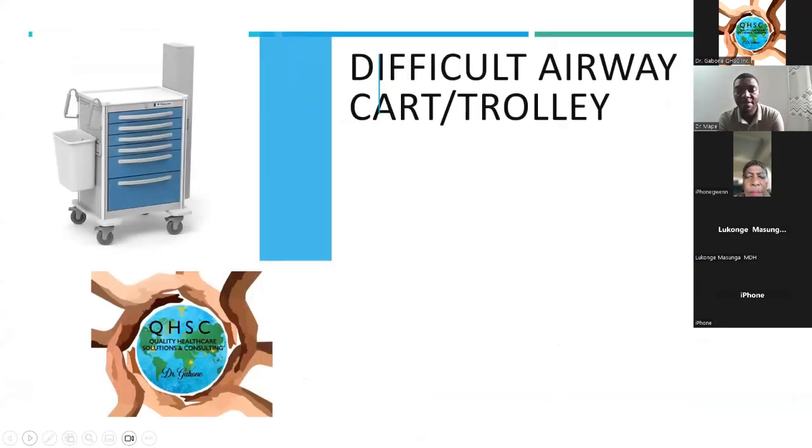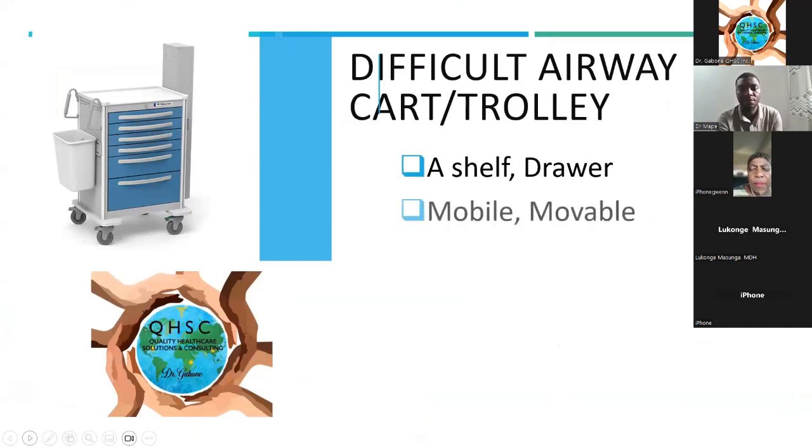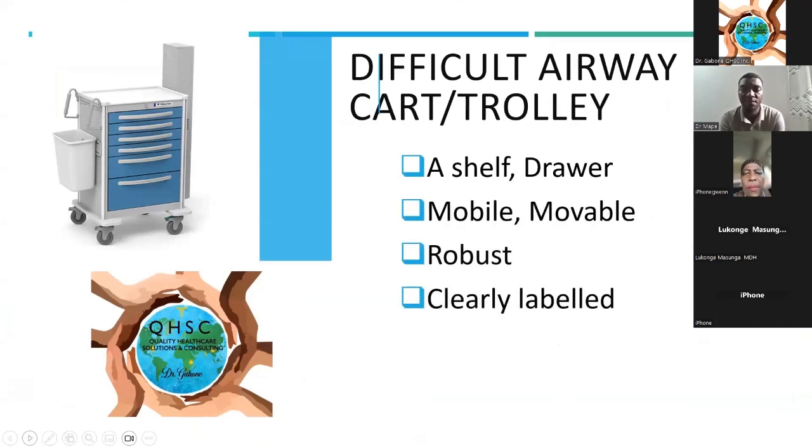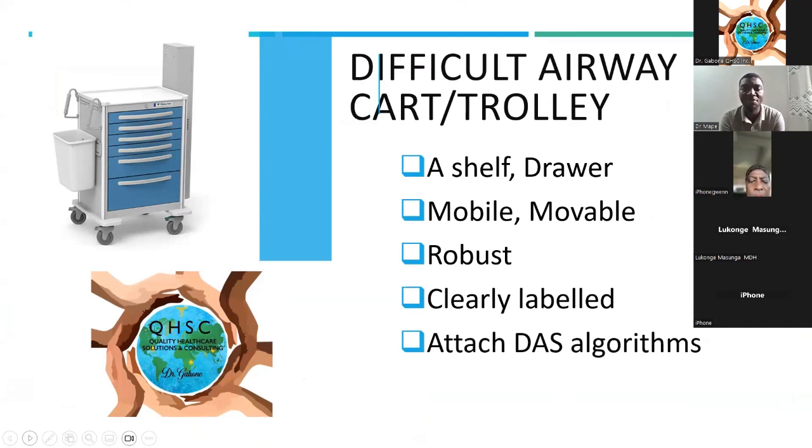So now we will talk about the difficult airway cart or trolley. This is a shelf I think most of us have seen in hospital wards. It is a shelf with drawers, and it should be mobile, movable from one place to another. It has 4 wheels that should be working well. It should be robust because most of the time it is used by many people running a lot, so it should be strong to handle that stress.